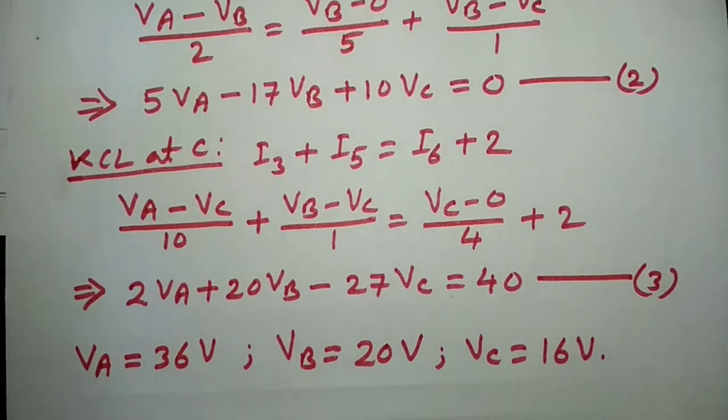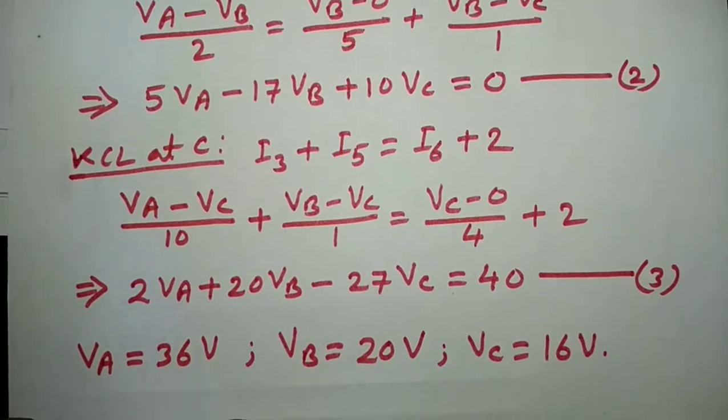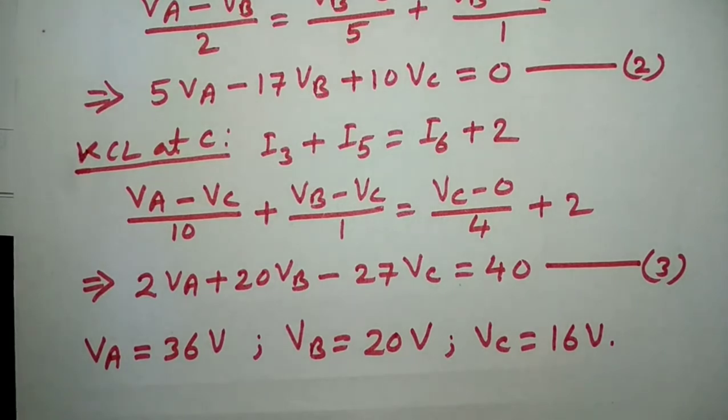Now, if we want to find the current in different branches, as we know, I1, I2, I3, I4 and I5, this can be calculated like this.